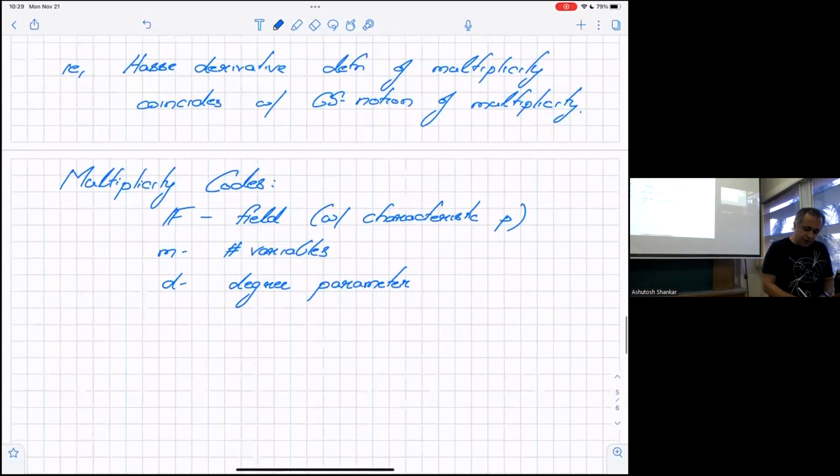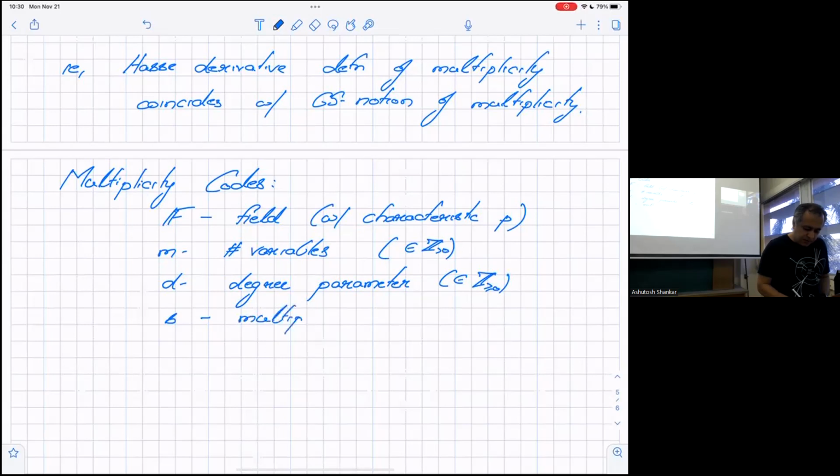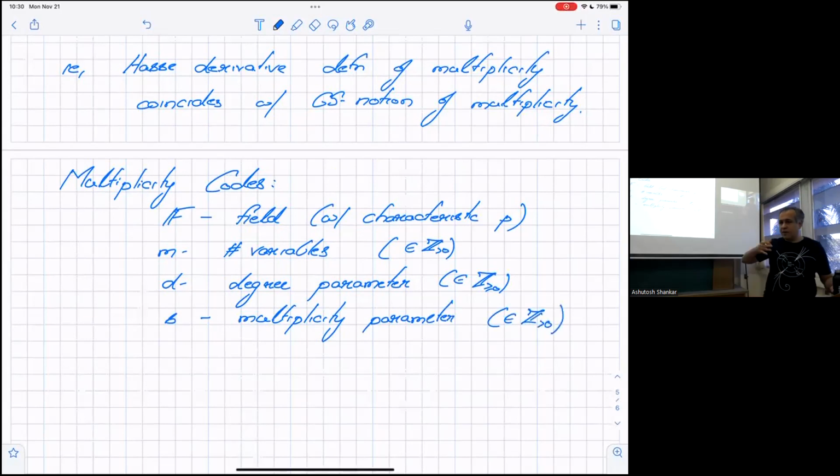Now we're going to have yet another parameter, S, the multiplicity parameter. S will always be positive. We'll talk of S being from 1 onwards, not from 0 onwards.